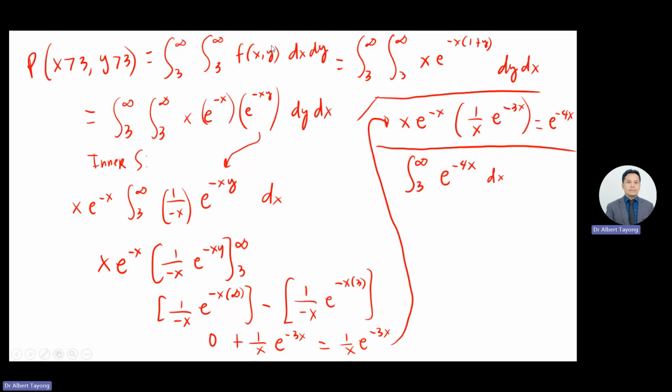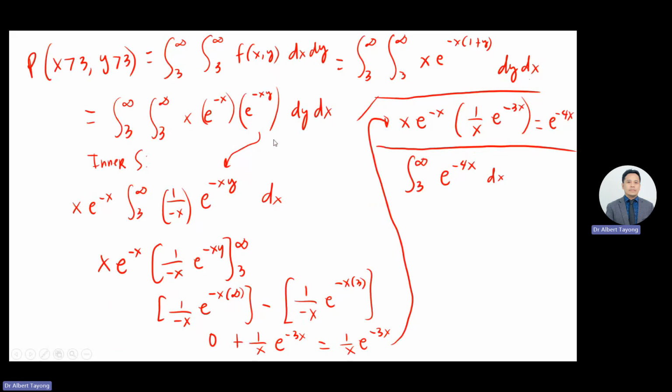So we are going to write our function. This is the original function. Here we have x times e raised to the power of negative x times the quantity 1 plus y, dy dx. So we can distribute this. This becomes negative x times 1, negative x times y, negative xy.